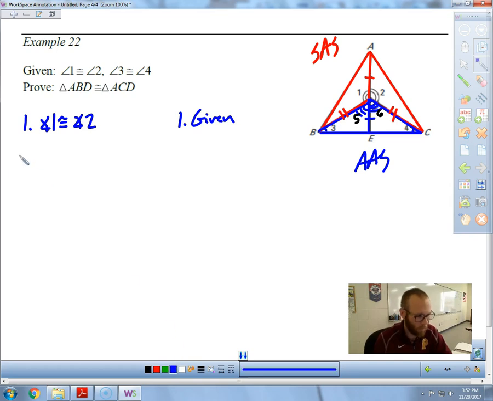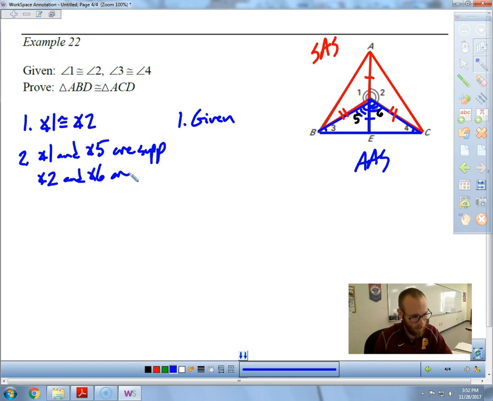We're going to do a similar process to that last one. 1 and 5 are supplementary. 2 and 6 are supplementary. That's because they're a linear pair. It's the linear pair postulate.